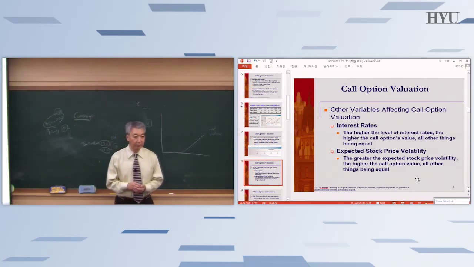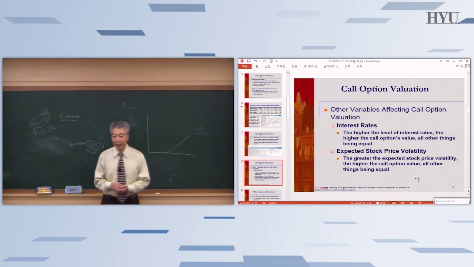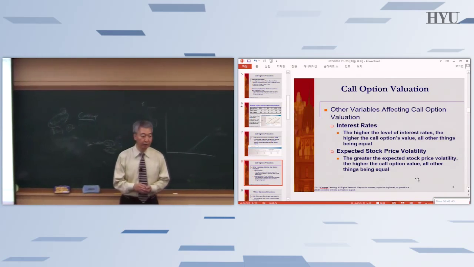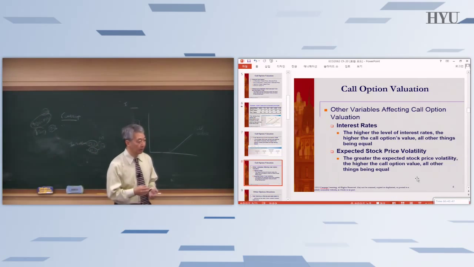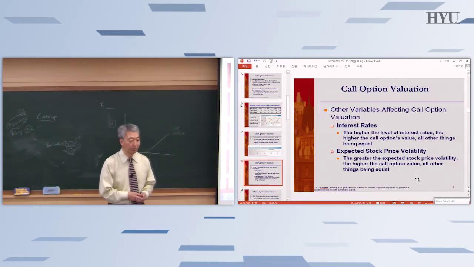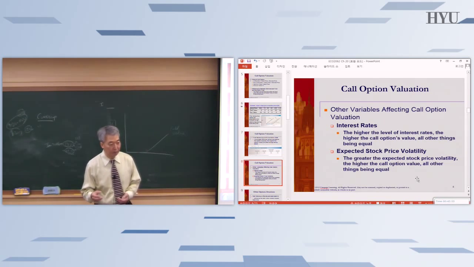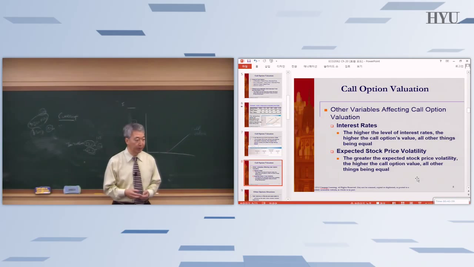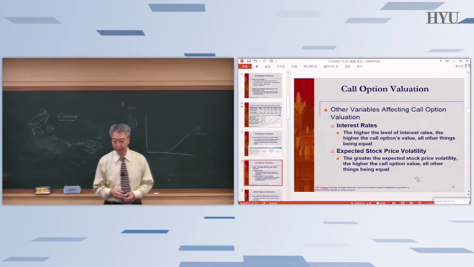But you did not pay the full price. Instead of paying $20 full price, you paid only a $6 premium, okay? And when the time comes, or before the expiration, you can always exercise it, right? You can pay the price.